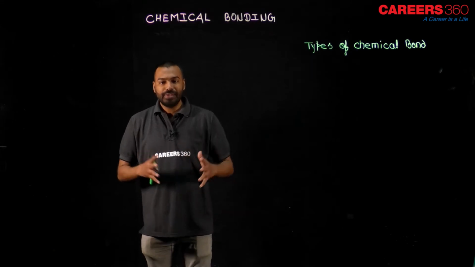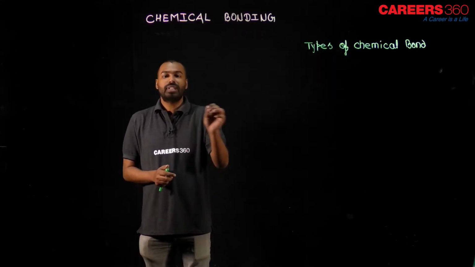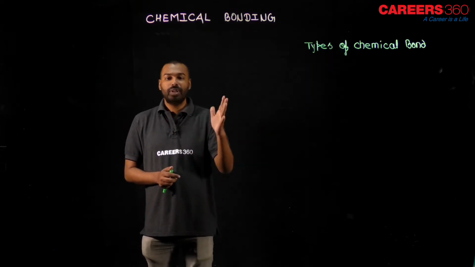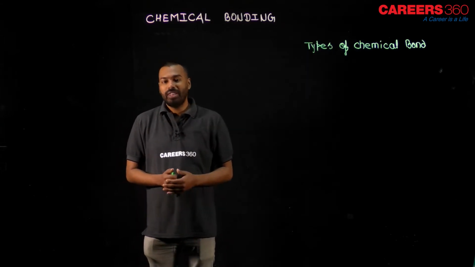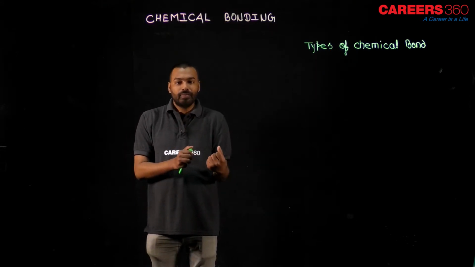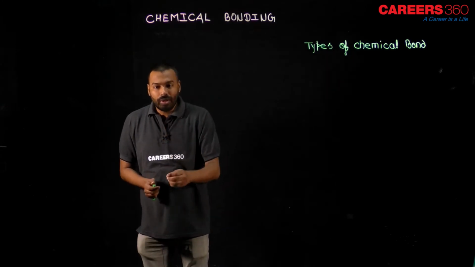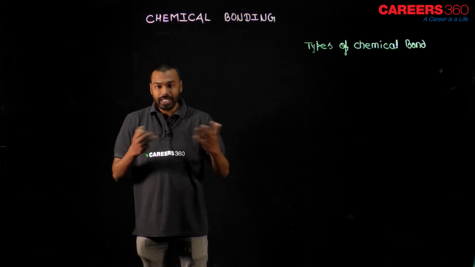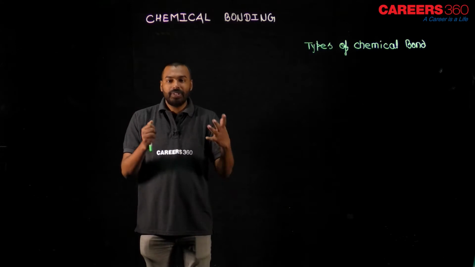As you know, when any element loses or donates an electron, it converts into a positively charged ion, that is a cation, and that type of element is known as a metal. If any element gains an electron, then it is a non-metal. So, ionic bond is the bond formed between a metal and a non-metal, in which one element donates an electron and the other element accepts the electron.